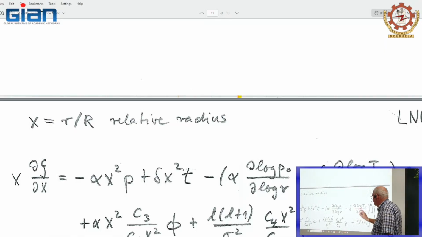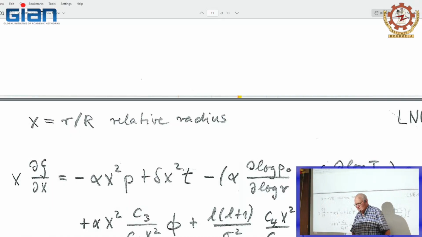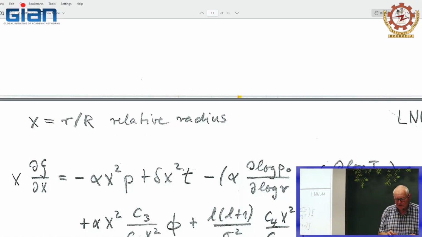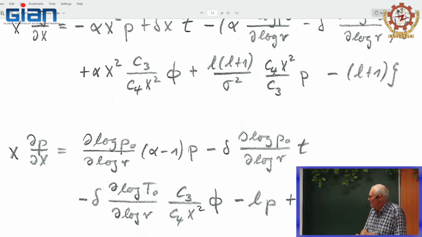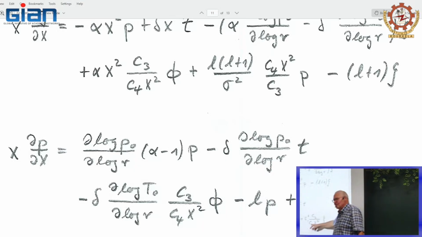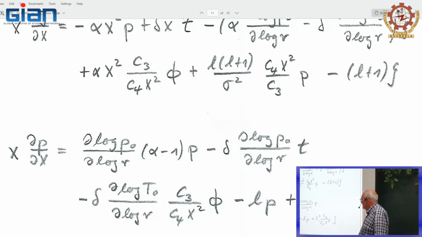Well, these terms might be recovered. This is the mass conservation equation. Once we go to the next one, this is the momentum equation. You recover the acceleration here. This term is also present in the radial case.